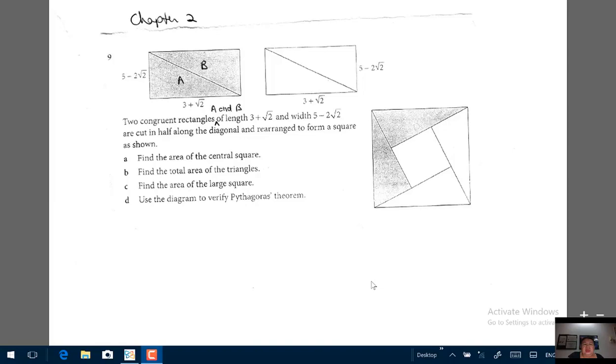I think this is video number, let me see, 1, 2, 3, 4. This is the 5th video in a series of very short questions taken from one of the endorsed Cambridge textbooks. I think it's Oxford. It's the orange textbook that I use, that I picked to show you some simple questions on indices and surds.